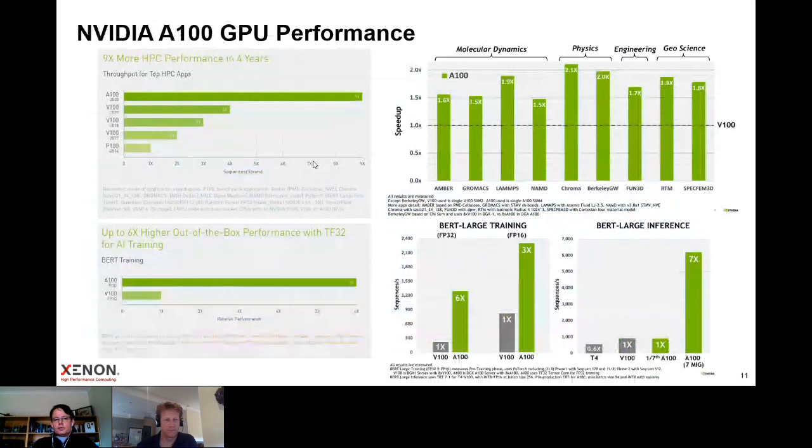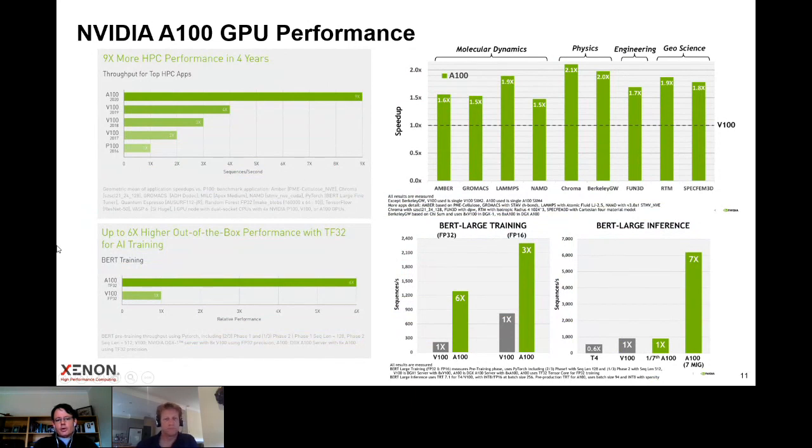So that's illustrated here. When we look at the top left, the HPC performance over the last 4 years coming from the P100s, the V100s, all the way to the A100s, you can see the difference here of about 2.5x from the V100s to the A100s for a mix of different HPC applications.